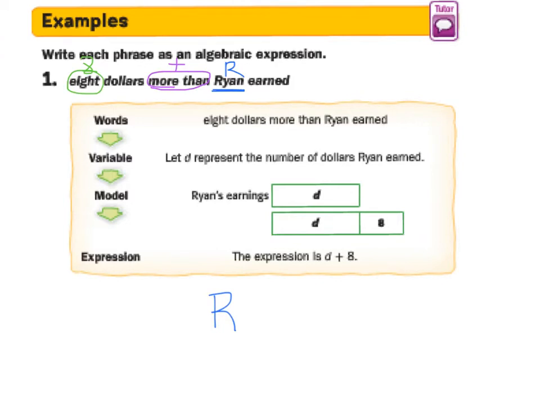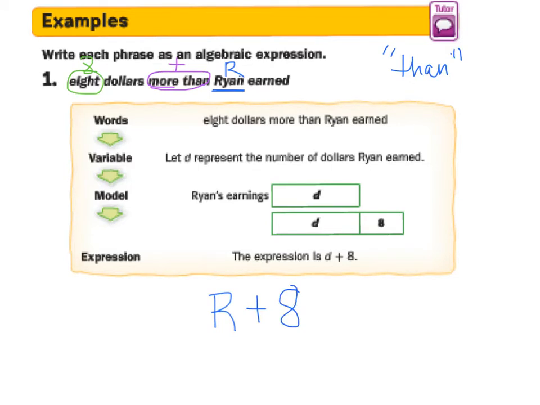So this one's kind of tricky. Whenever you see the word than in here, it is a special word in that phrase. It tells you that you have to watch the order of placing your variables and your numbers, and that we actually write in reverse then. So we're going to take the R, which is on the right-hand side, and place that first, then we're going to add to it the 8.